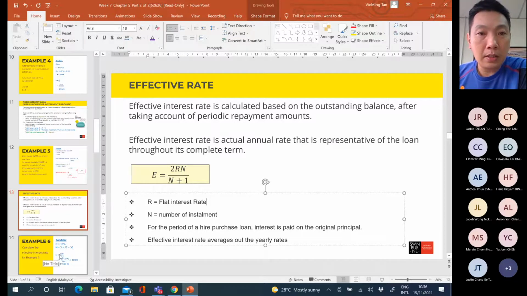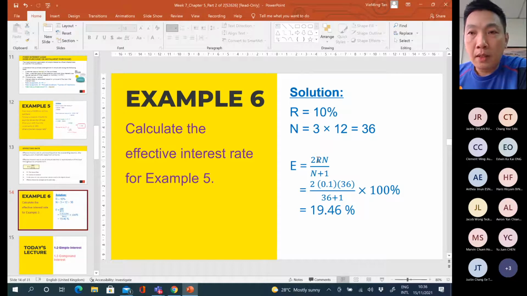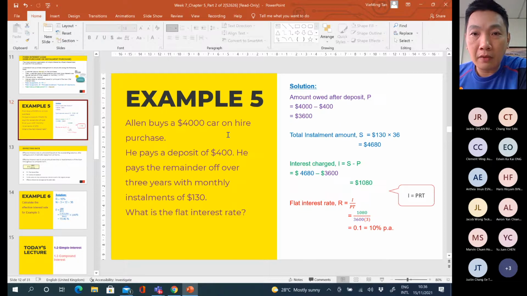So let us try to use one example here. Example number 6 refers to the case study of example 5, and you're asked to calculate the effective interest rate. According to this question, the R value is already given in example 5, which is already calculated for you, 10%. So this is the flat interest rate, 10%.